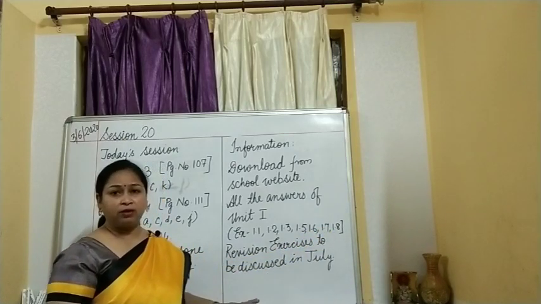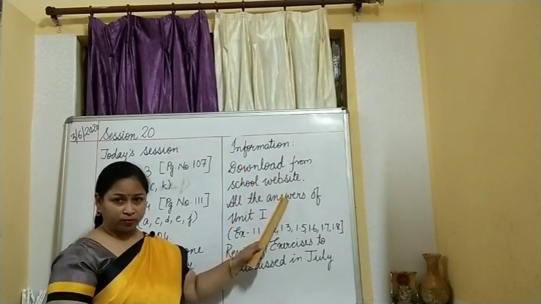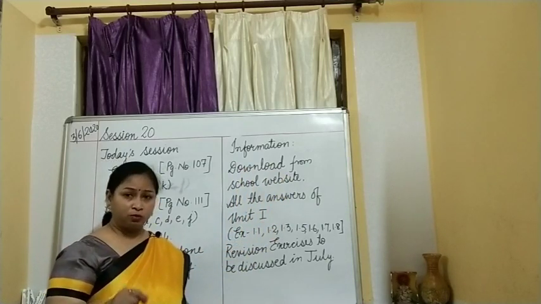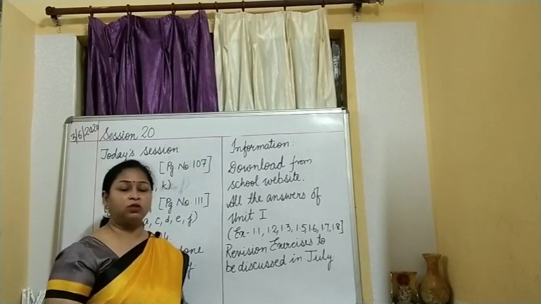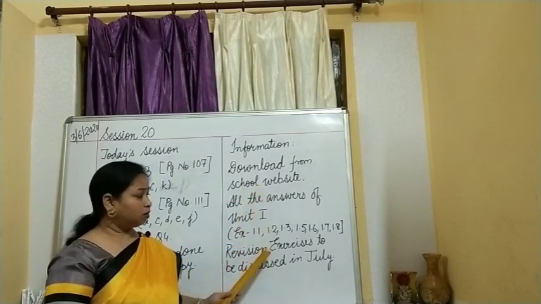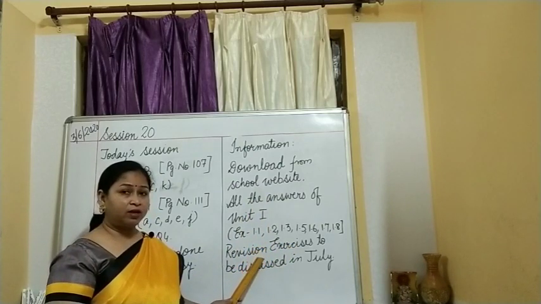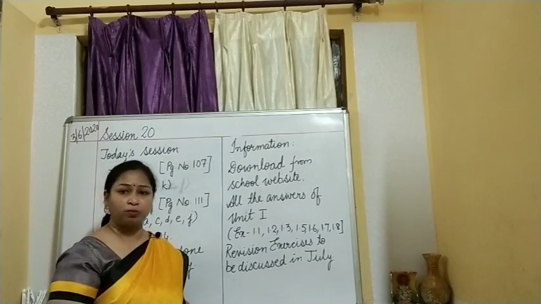So all the answers are there, children. You can download from your school website where you were using it to get the notes and question and answers for the other subjects. So from that very section you can download this, okay, and you will find that revision exercise is not mentioned there.